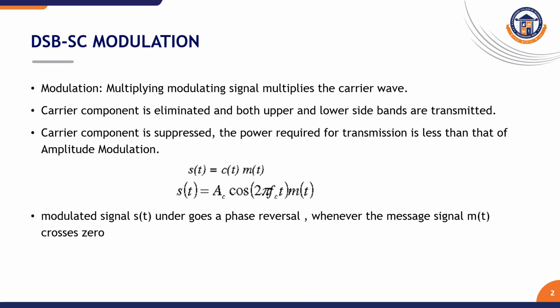Here the modulated signal S of t undergoes a phase reversal. The phase reversal stands for a 180-degree phase shift each time the message signal M of t crosses the zero line. At that moment, the modulated signal undergoes a phase reversal.